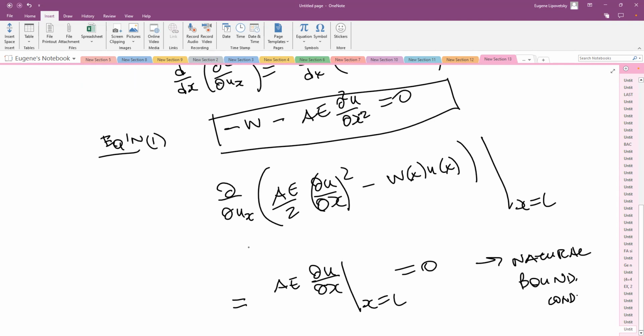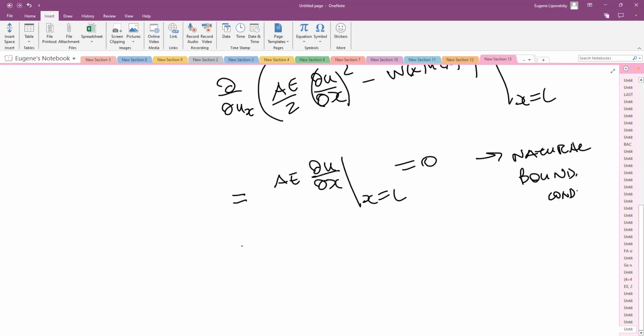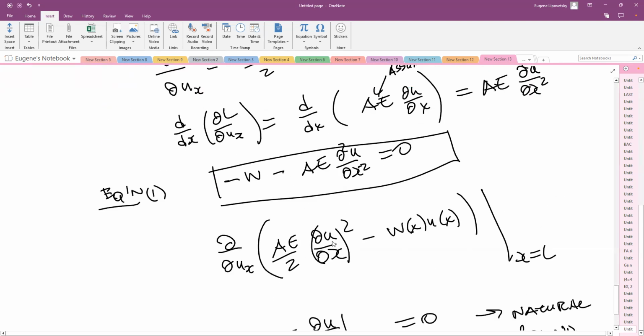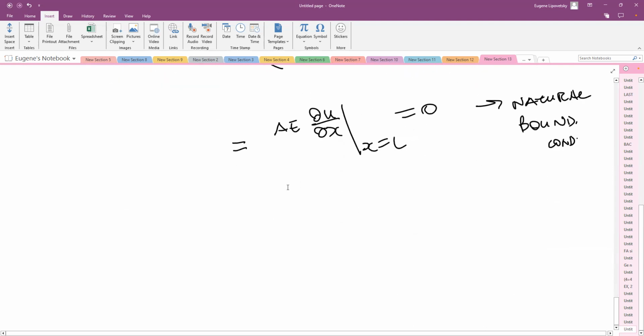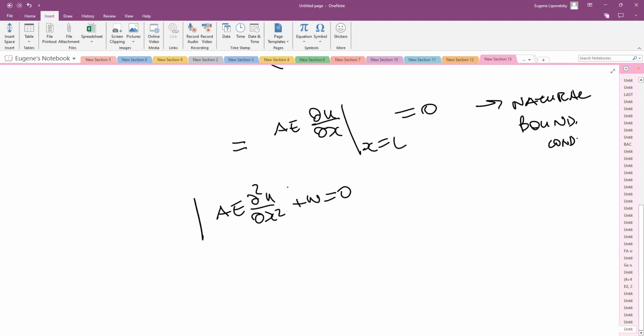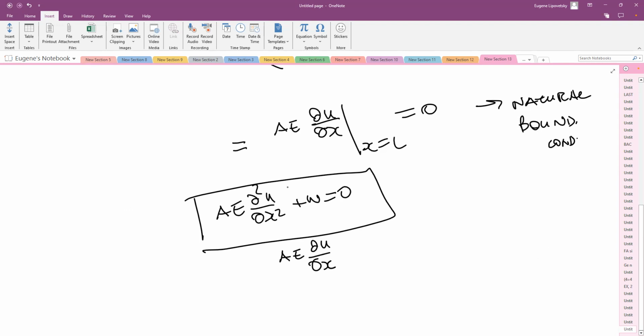So to solve this system, we'll have the two equations. The first equation, we'll make a plus of everything. So we'll have AE d squared u over dx squared plus W equals 0. W is a function of x. And then we have this one. A and E are nonzero, so we'll have AE du over dx at x equals L is 0.